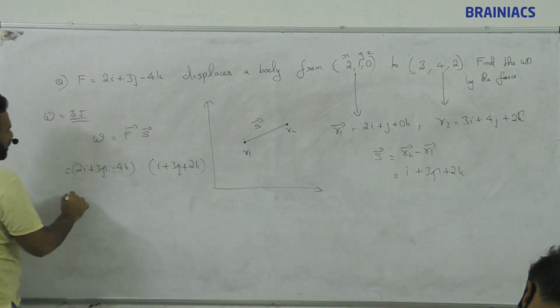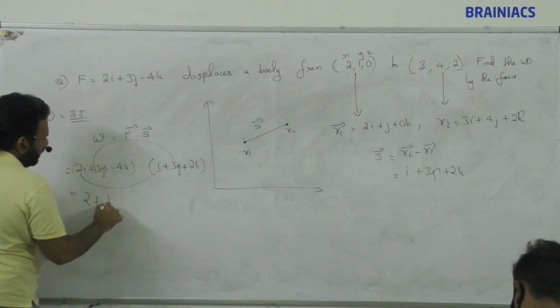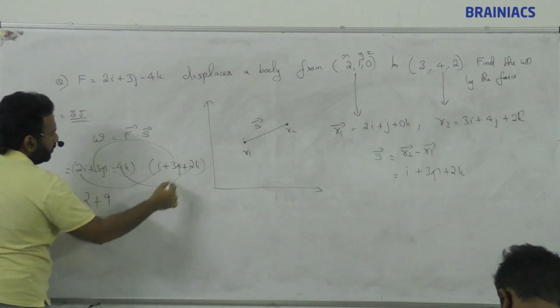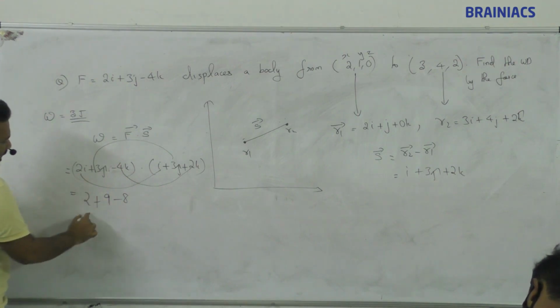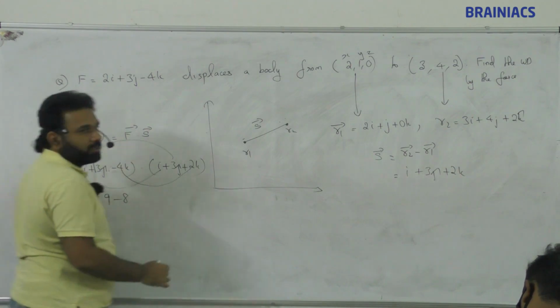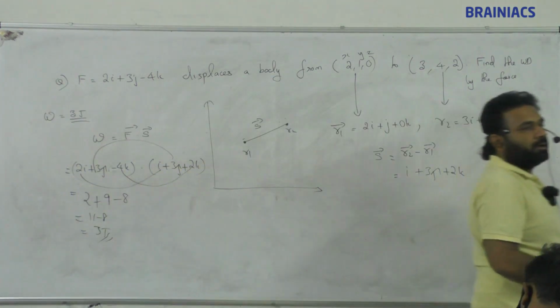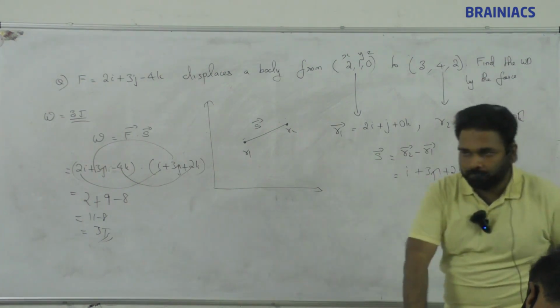So 2 into 1, 2; 3 into 3, 9; minus 4 into 2, minus 8. This is going to be 11 minus 8, that is 3. Understood? Clear? Any doubt in this? Wherever you get position vectors, same approach. Done? Clear? We'll do another question.